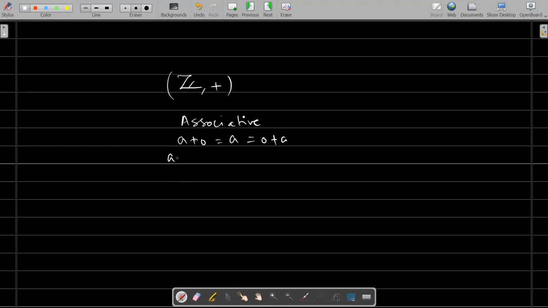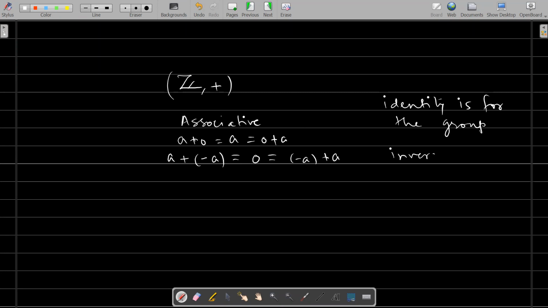And for every element, there is some number which you denote by minus A, such that A plus minus A is 0, as well as minus A plus A is 0. So note one thing, that identity is universal for the group, or the whole set, whereas inverse is for every element.